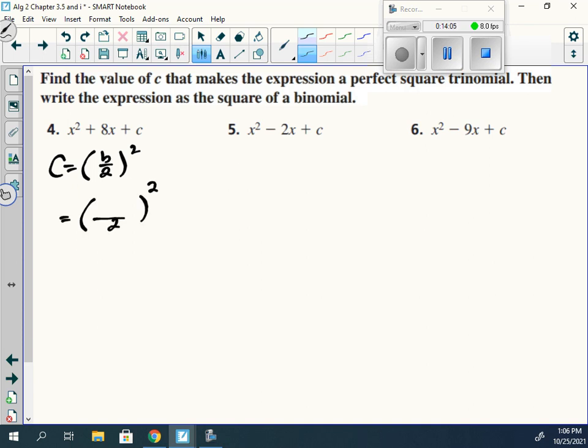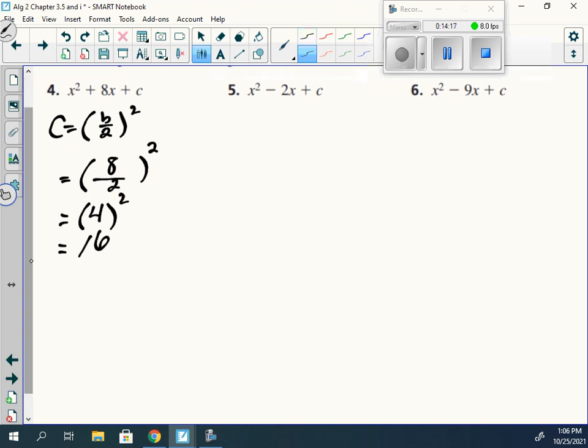Well, what's the value of b? 8 divided by 2 is 4, and 4 squared is 16. So the general equation for this perfect square trinomial would be x squared plus 8x plus 16.